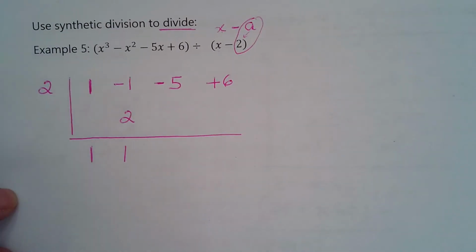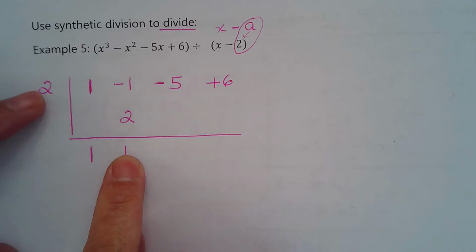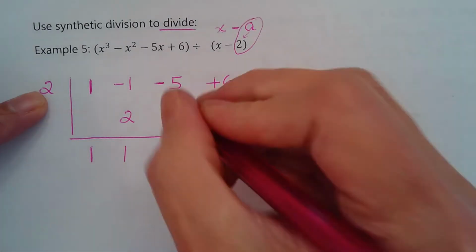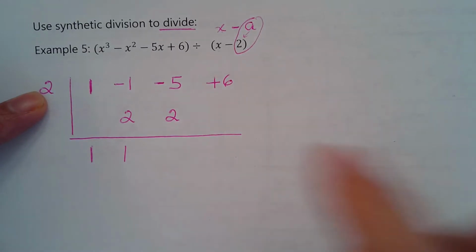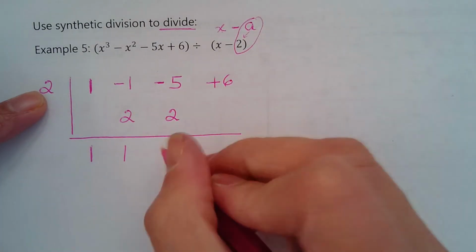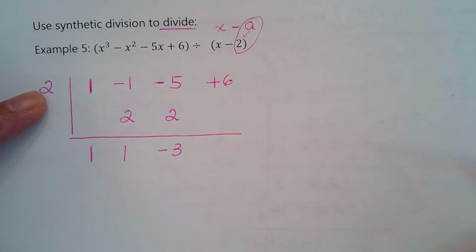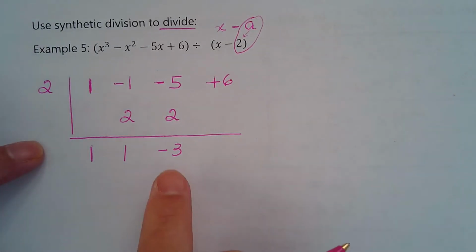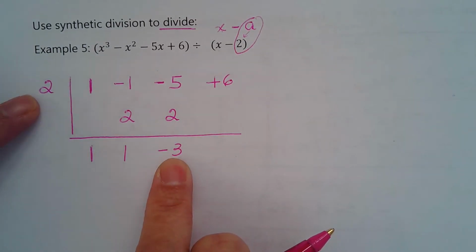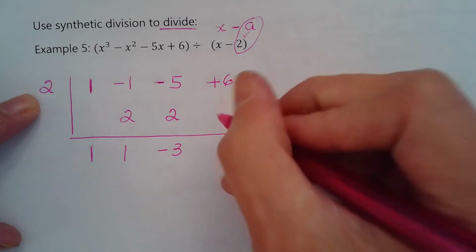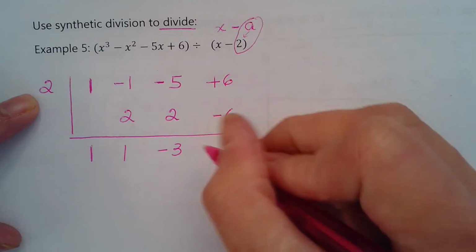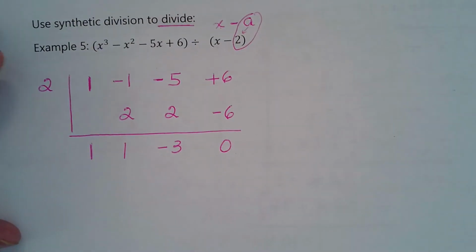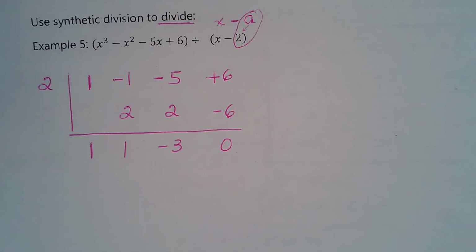Do the same thing again: 1 times 2 is 2, put it underneath the negative 5, and add them up to get negative 3. Then negative 3 times 2 is negative 6. Add them up, 0. Okay, and that's it.